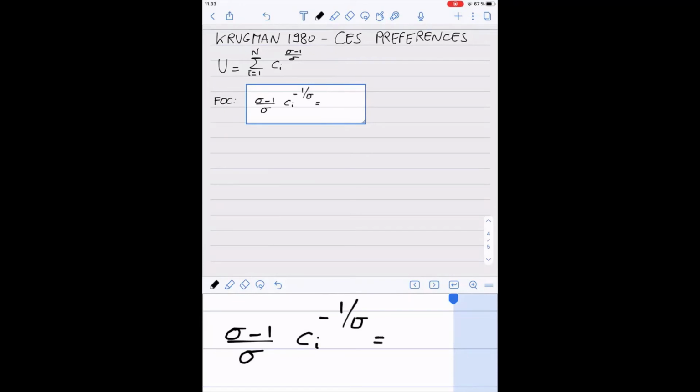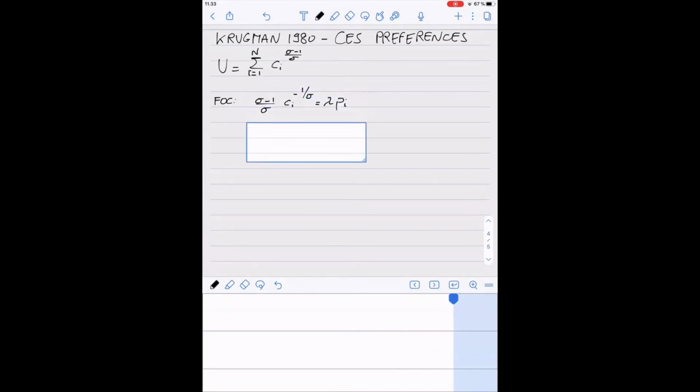To see this, you're going to practice it extensively in the problem sets, but let's do it just for fun once. If we look at the first order condition of the consumer problem, we have sigma minus 1 over sigma times ci to the minus 1 over sigma equals lambda pi. If we want to derive the demand elasticity, we can proceed in several ways.